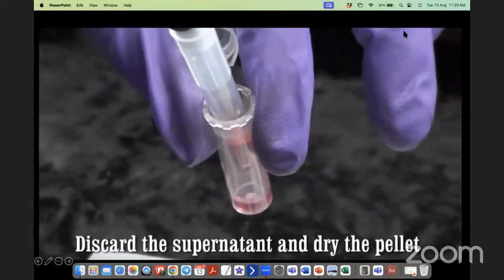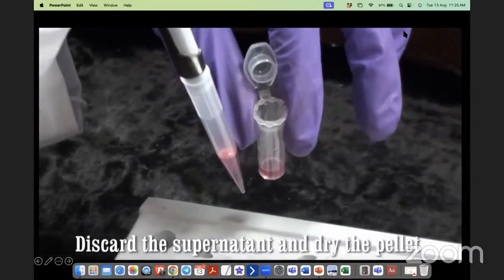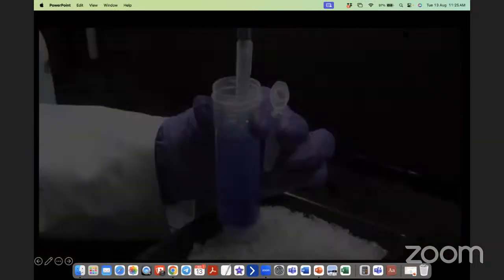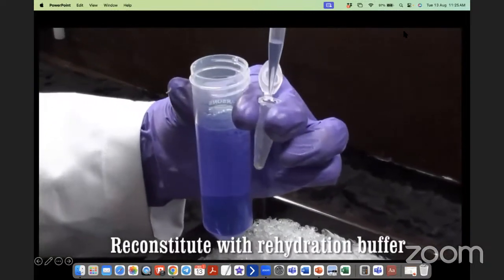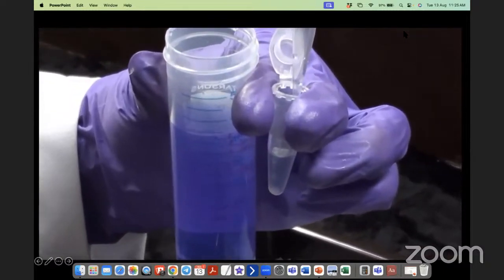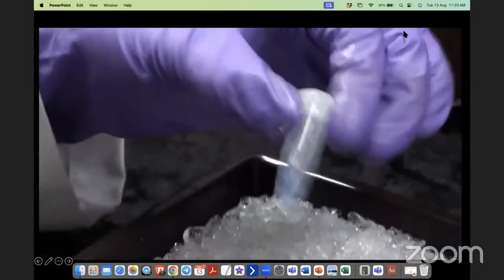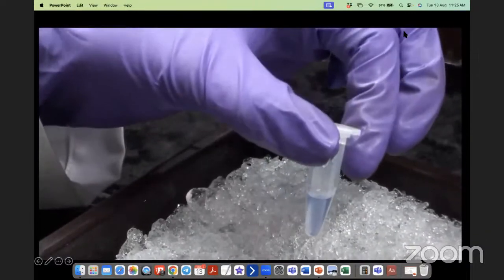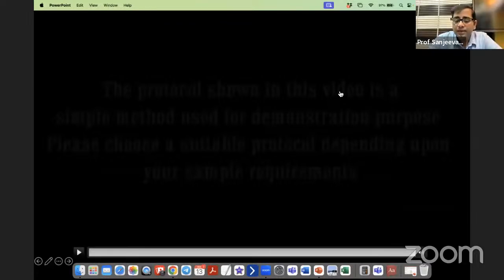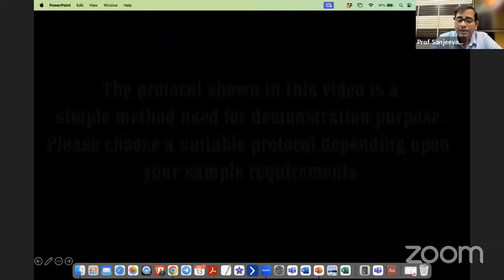Discard the supernatant and dry the pellet at room temperature. Reconstitute the dried pellet with rehydration buffer and store overnight at -20 degrees Celsius before carrying out protein quantification.